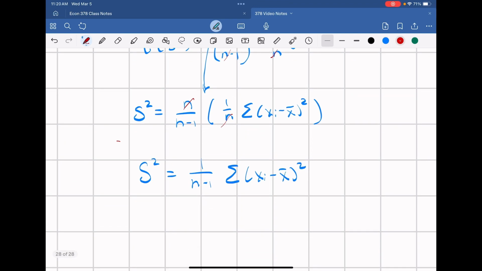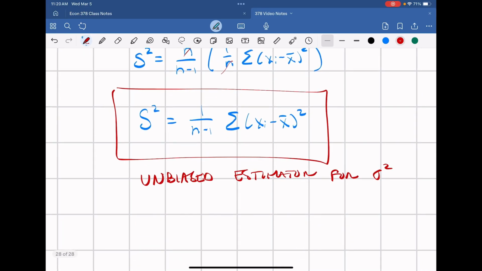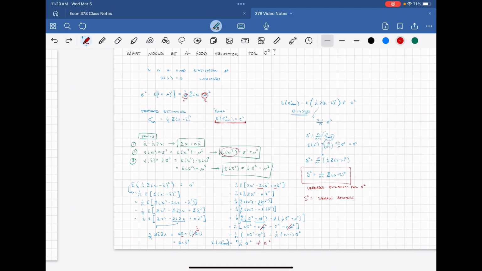This here is an unbiased estimator for sigma squared. And we call s squared the sample variance. So that is why the equation for sample variance is 1 over n minus 1, because that's what's needed to make s squared an unbiased estimator for sigma squared.